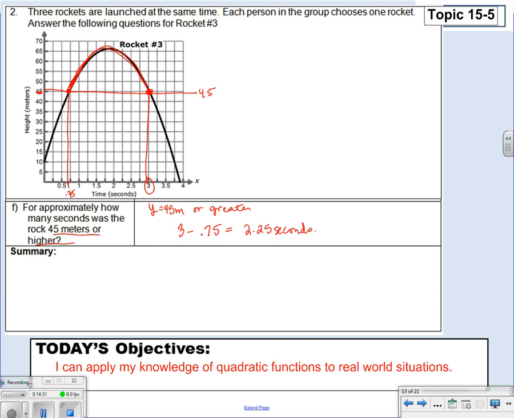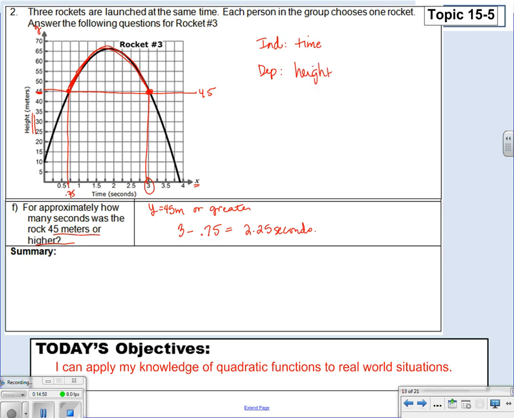Now, before we finish, I didn't talk about what our independent and dependent variables were. So let's look at our graph just like we did previously. The independent is our x, so our independent variable is time. The dependent variable is our y, and our dependent variable is height.